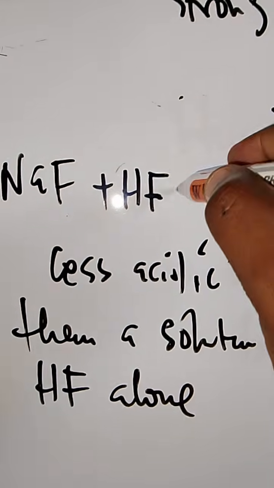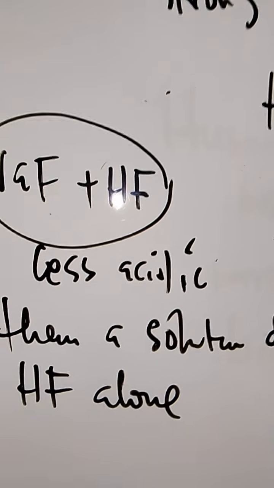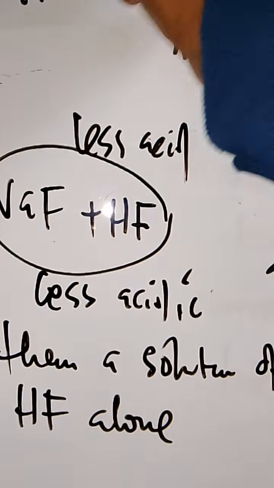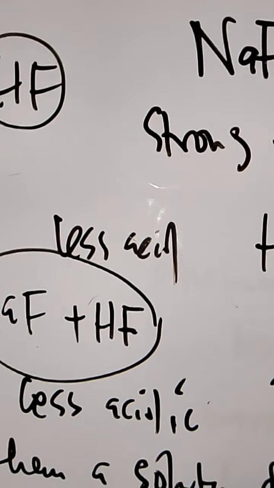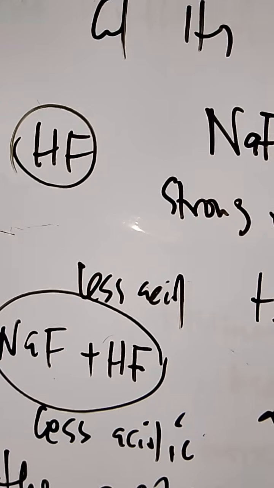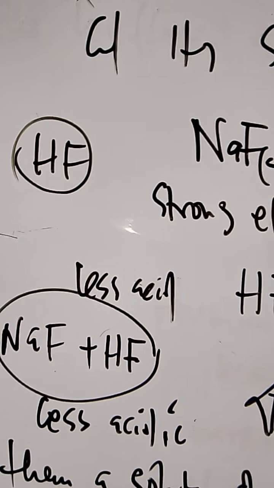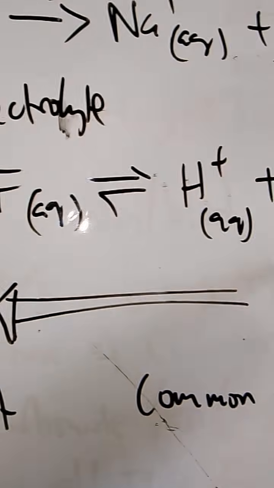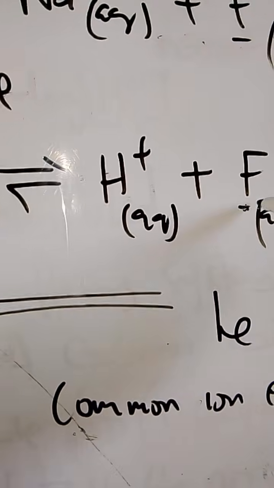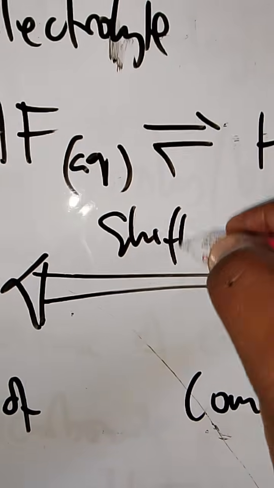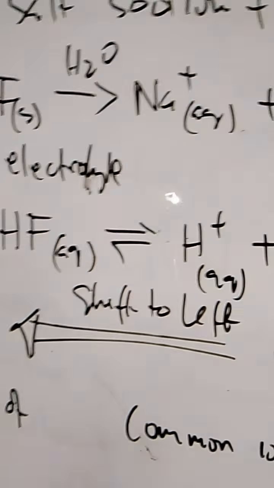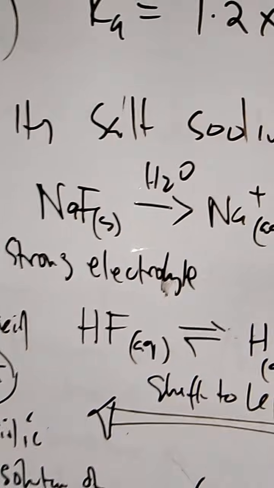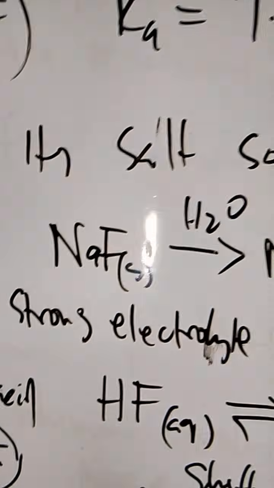As a result, this solution will become less acidic than a solution of hydrofluoric acid alone. Okay, so that is the effect of this common ion. The equilibrium will shift away from the added component, since more fluoride ions will be produced, so the equilibrium now shifts to the left to balance up the fluoride. Okay, so now the common ion effect is quite general. For example, we can also look at ammonium chloride.